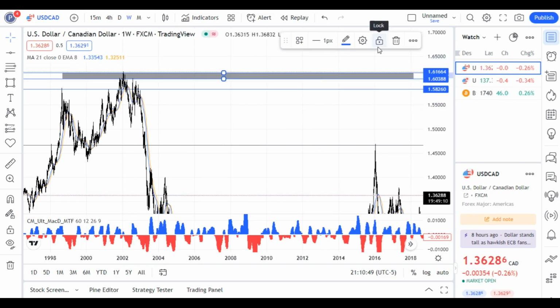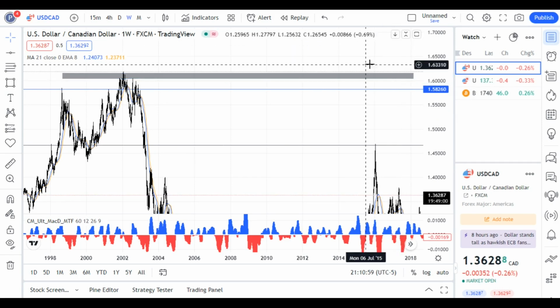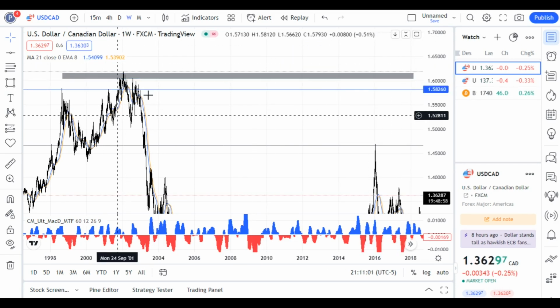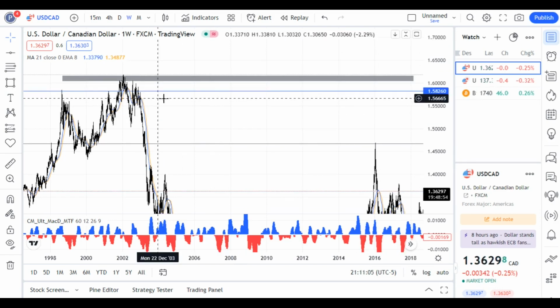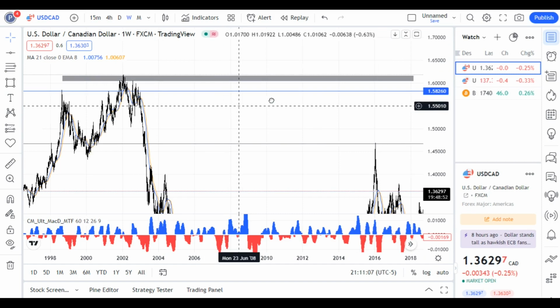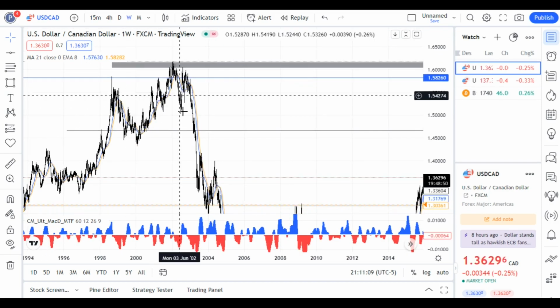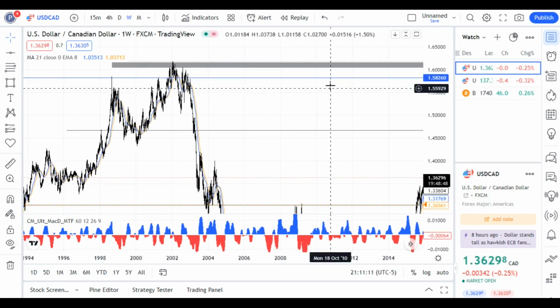You press control and use the left button to select both at the same time and just click delete. So we have these endpoints here as well. The top one is a zone, and here is a single line, which will be a resistance level as well.